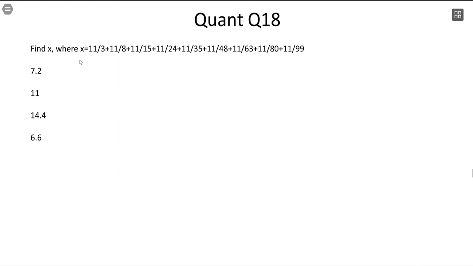Next thing, find x where x is equal to 11 by 3 plus 11 by 8 plus 11 by 15 plus 11 by 24, and it goes on till 11 by 99. I have to find out the sum of this. Okay.